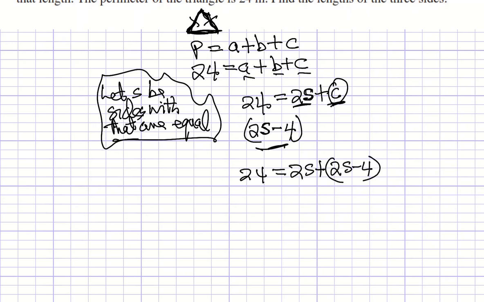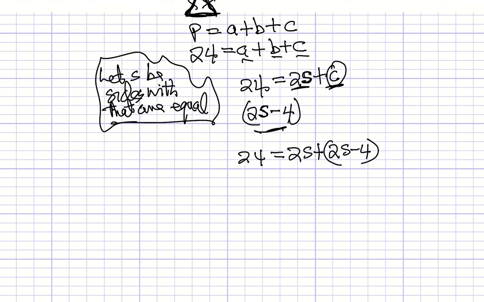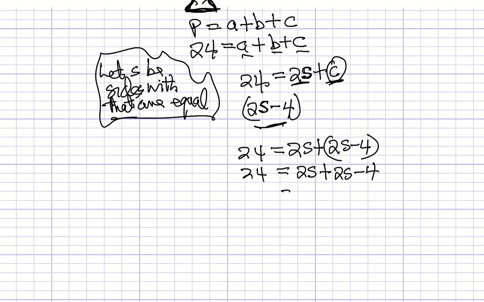See, that's a linear equation in one variable. So 24 is equal to 2s, we remove the bracket, plus 2s minus 4. That's the same thing as 4s minus 4. So 24 plus 4 is equal to 4s.